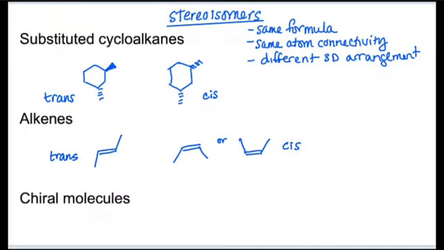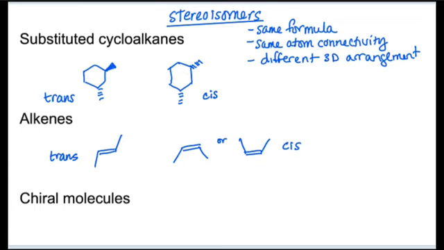Once again, we have the same formula, same atomic connectivity, but a different arrangement. If you build the model, you cannot twist or turn the molecule around to get trans to go to cis. You'd have to break a chemical bond.